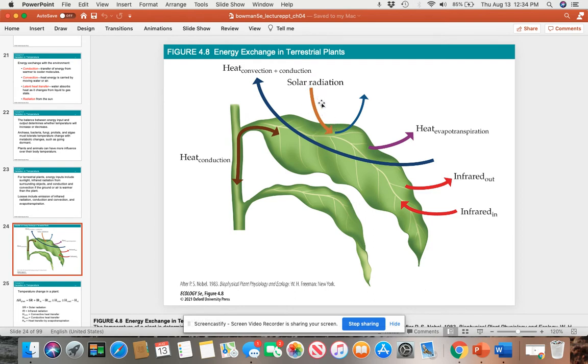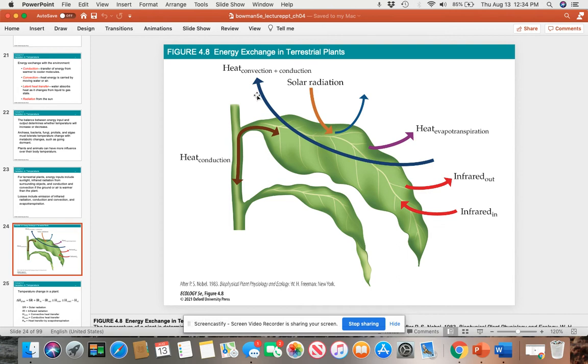All organisms, because the sun is the main source of energy, have solar radiation input. You do have heat loss by evapotranspiration, so evaporation of water specifically from leaves. A small amount from infrared, as well as a small amount in, and then conduction and convection.